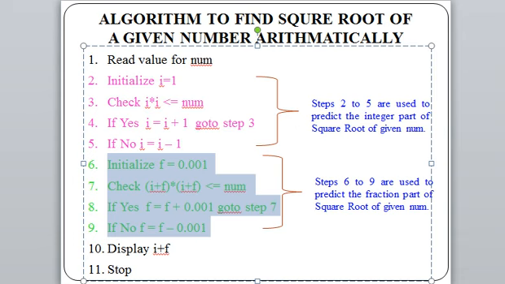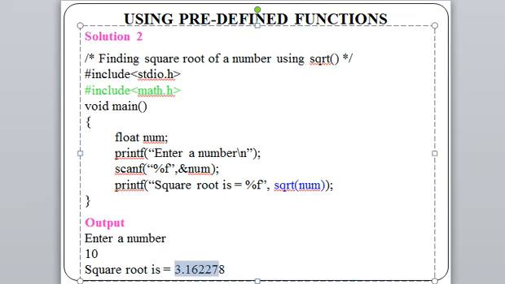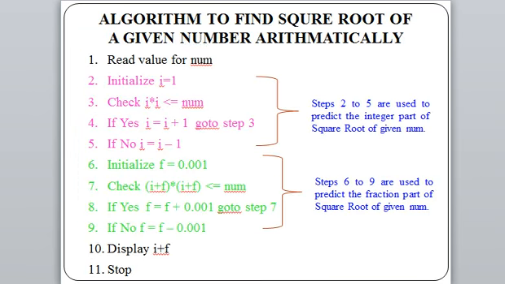In the earlier example you can observe that the square root of 10 is 3.162278, where the integer part is 3 and the fractional part is 0.162278. To compute 3, we have the first steps, and to compute the fractional part, 0.162278, we have the remaining 4 steps, that is 6, 7, 8, 9.